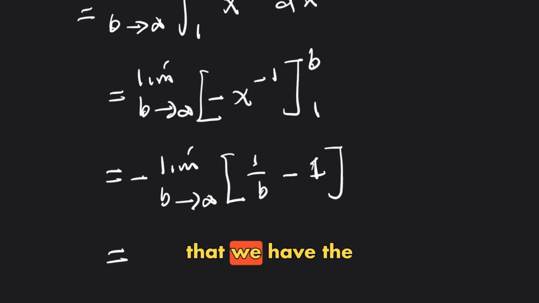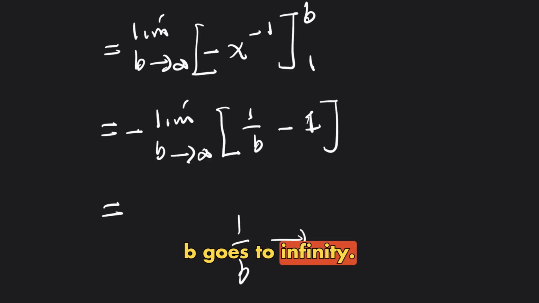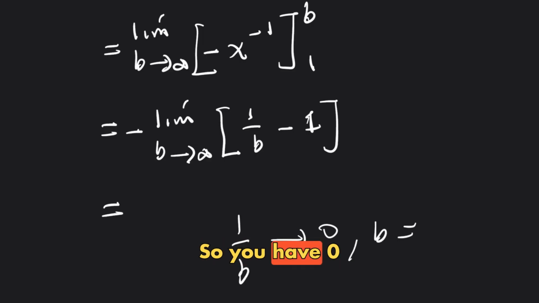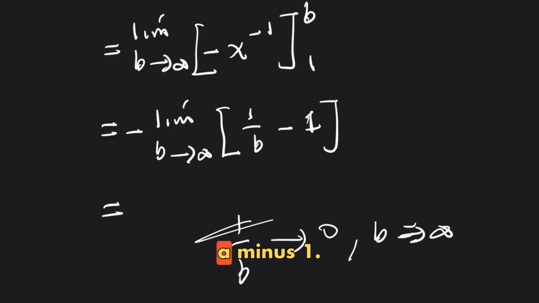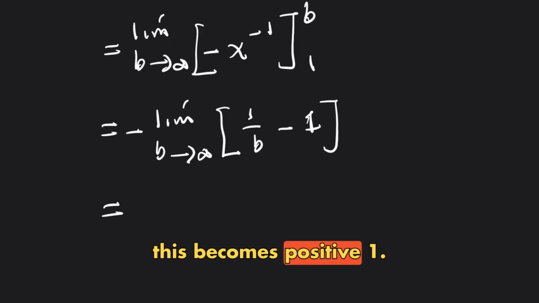Now we can see here that we have the limit of 1 over b as b goes to infinity. You know that 1 over b goes to 0 when b goes to infinity. So you have 0 minus 1, which is just minus 1. Then you multiply by the negative 1 outside. This becomes positive 1.